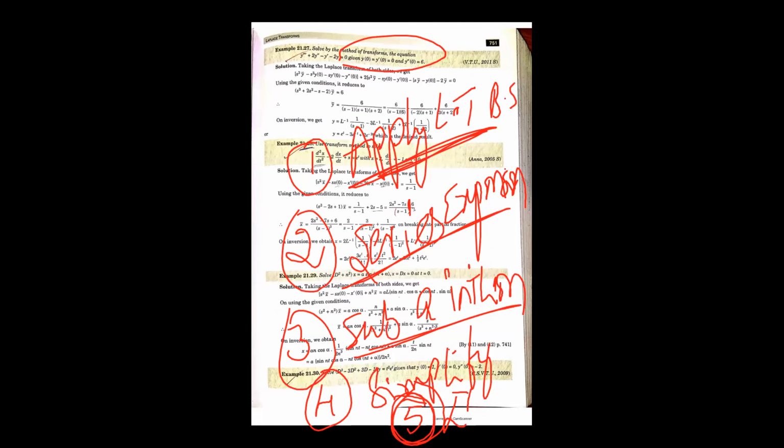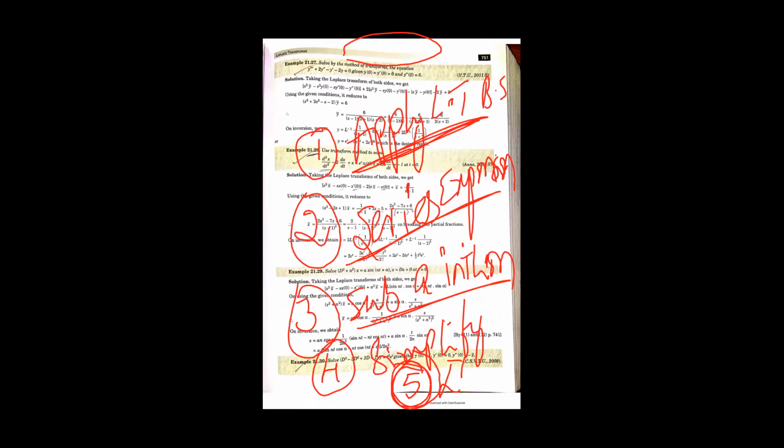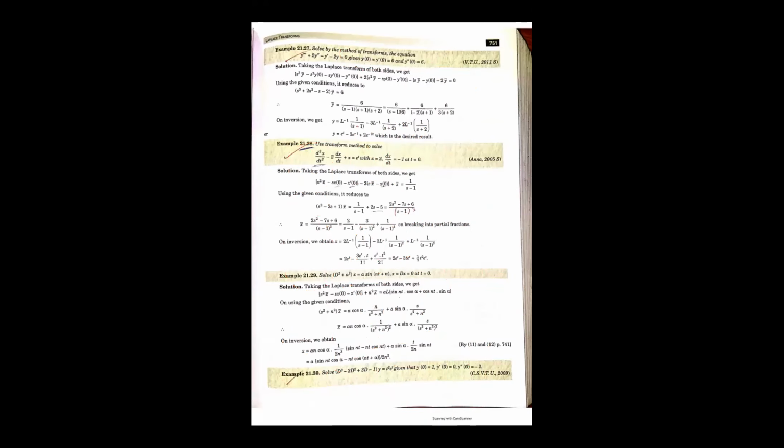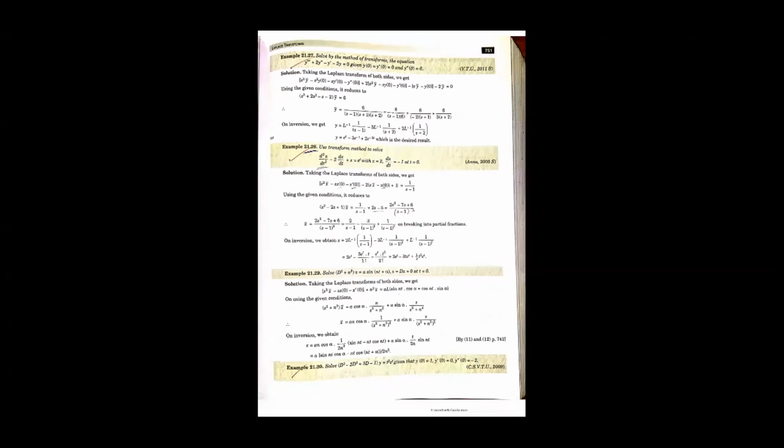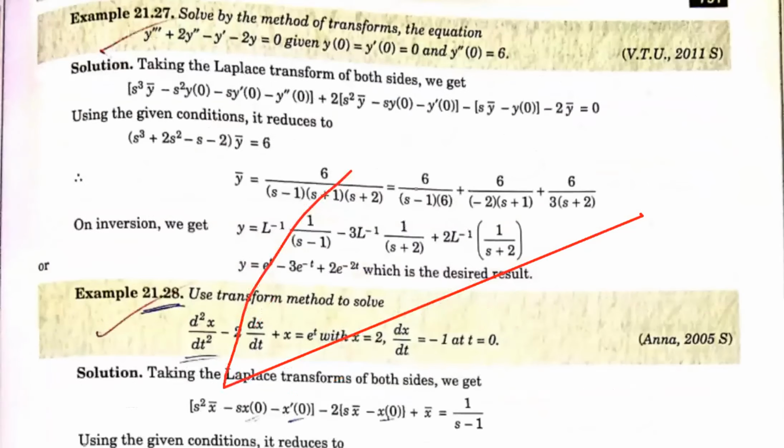Okay, taking the first problem. The first problem is y triple dash plus 2y double dash minus y dash minus 2y equal to 0, given y of 0 equal to y dash of 0 equal to 0, y double dash of 0 equal to 6.